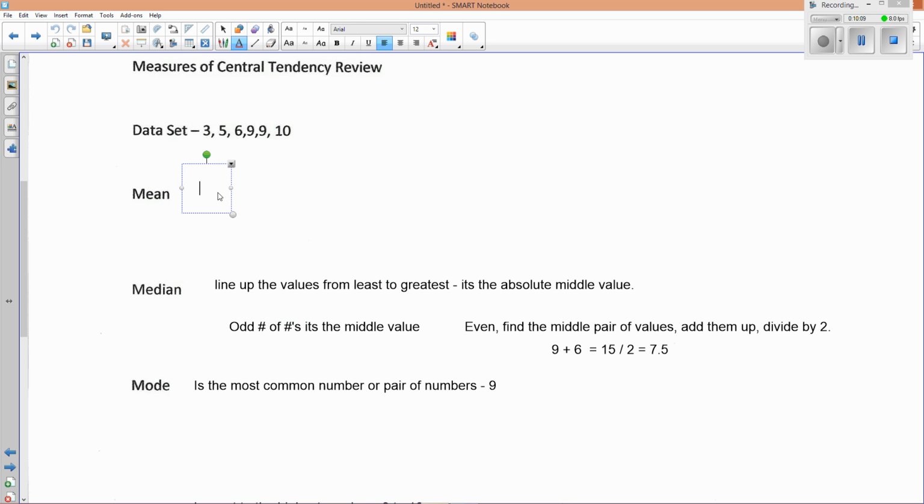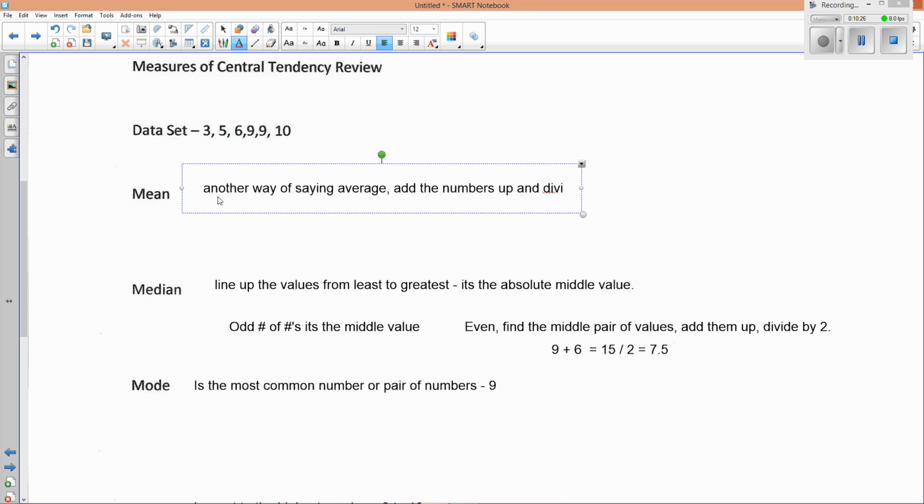The last one before I end this video, and we'll go back and finish the question in the next one, is the mean, another way of saying average. Add the numbers up and divide by the number of numbers.